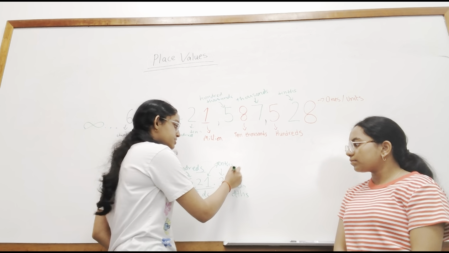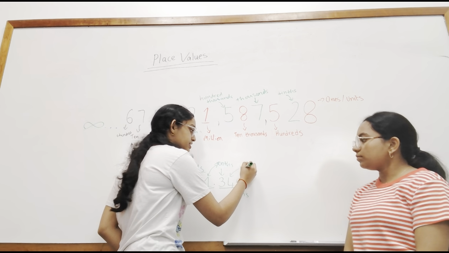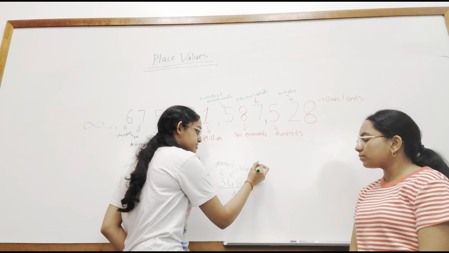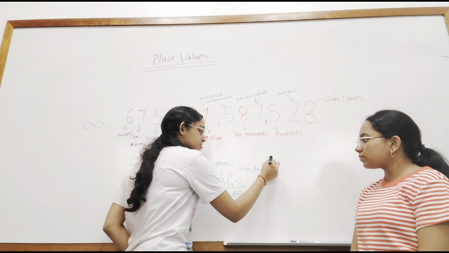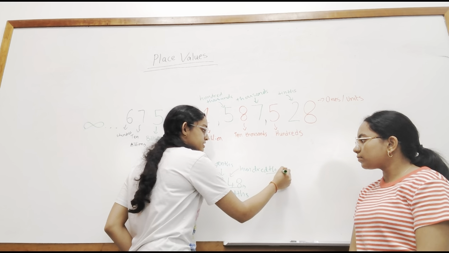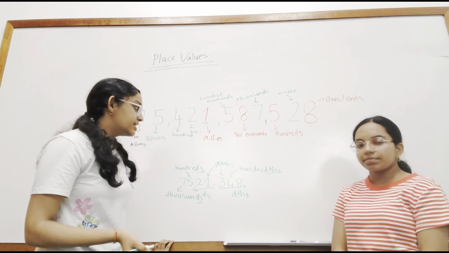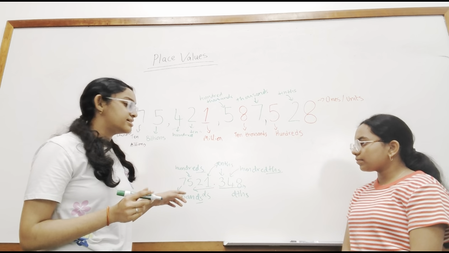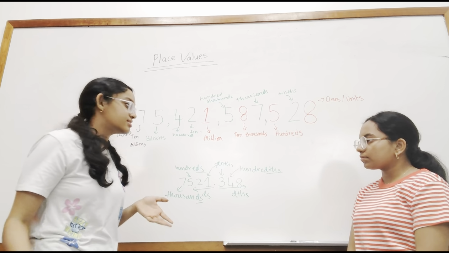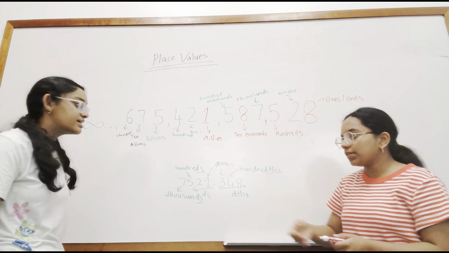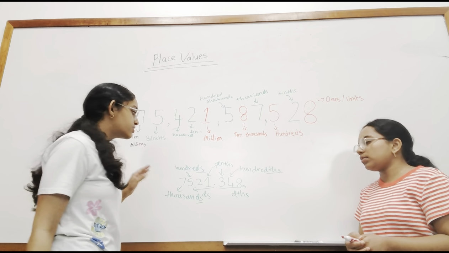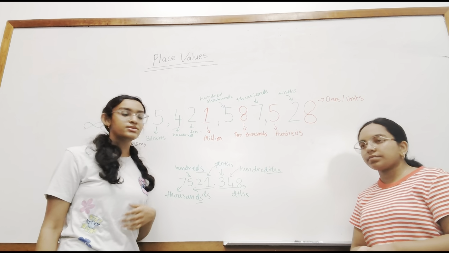But then if we look at this place, it's going to be the hundredths place, which will be spelled with 'ths'. And that's how you would spell it if you're writing it out in decimals. And just remember that tens will always be the same, even if it's on the right or the left side.